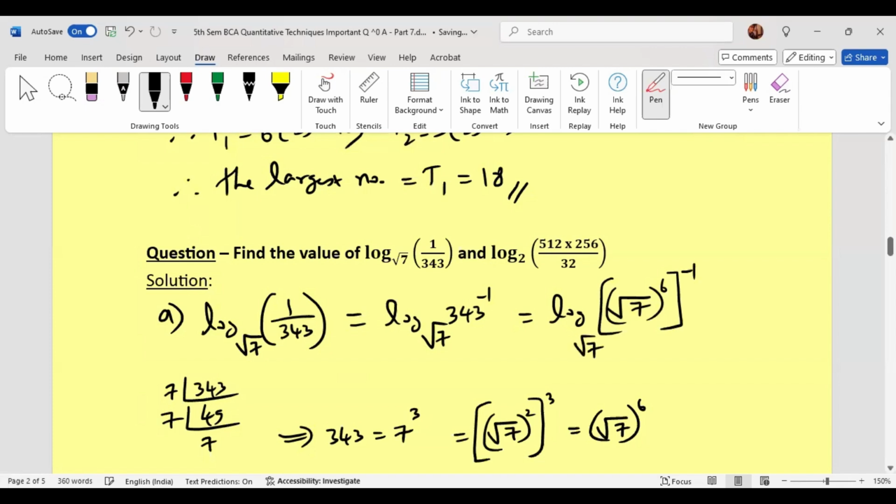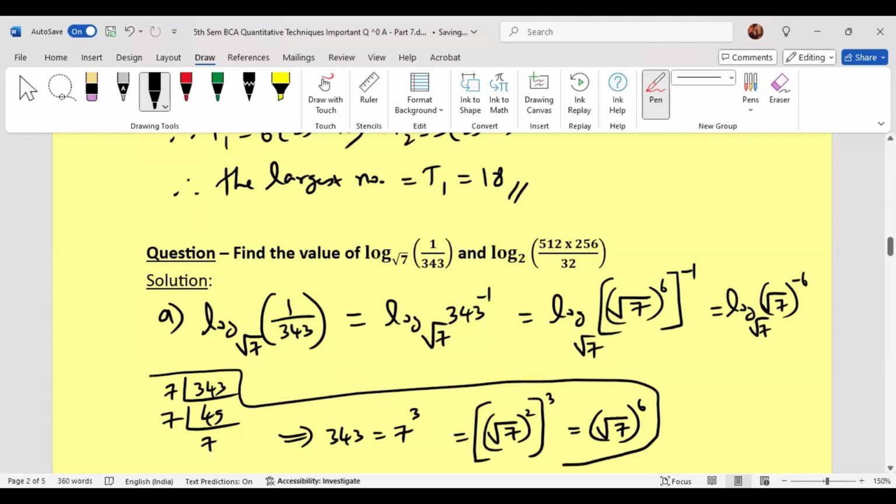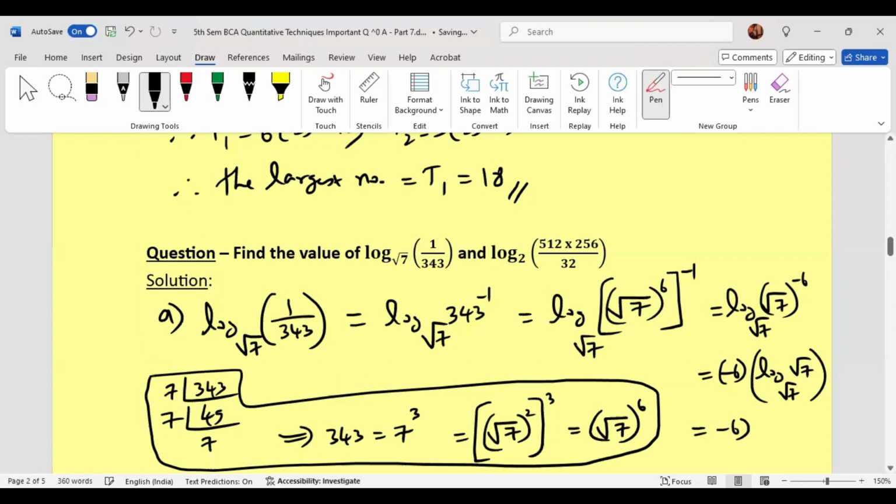So this can be further rewritten as logarithm of root 7 to the power of 6 into minus 1, which is minus 6, to the base root 7. This can be rewritten as minus 6 multiplied by logarithm of root 7 to the base root 7. This is nothing but 1. So it's minus 6 into 1, we get minus 6 as the result. So that is the first part.